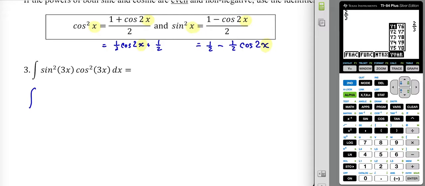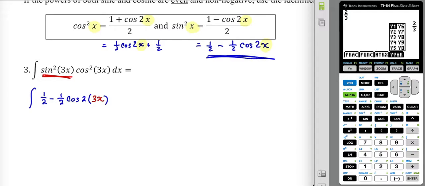So in this case, the x value is going to be 3x. So I'm just going to grab the cleaner one. 1/2 minus 1/2 cosine of 2 times the quote-unquote x, which will be 3x. So that replaces this. That's done. We'll clean it up in a minute.